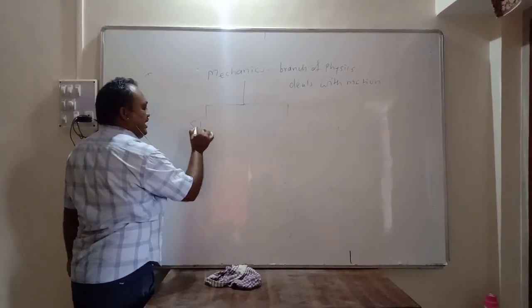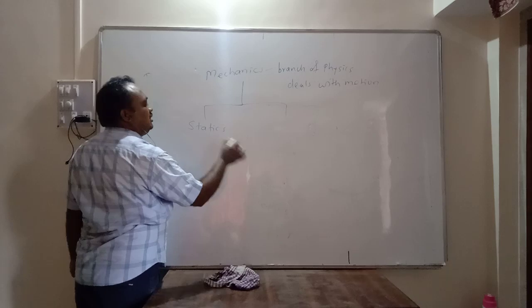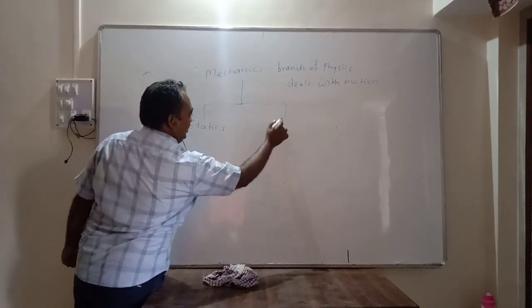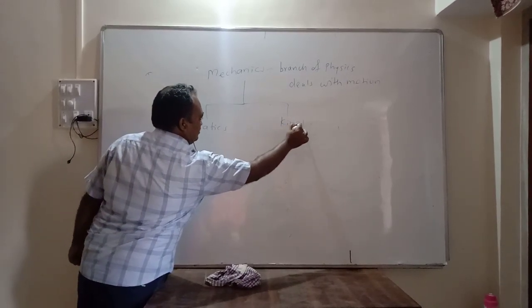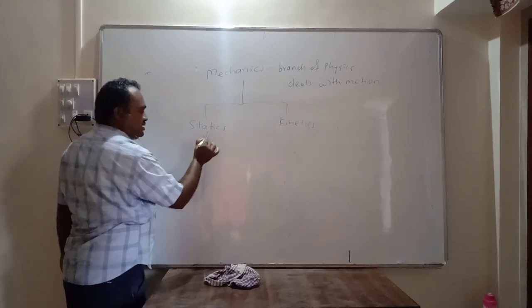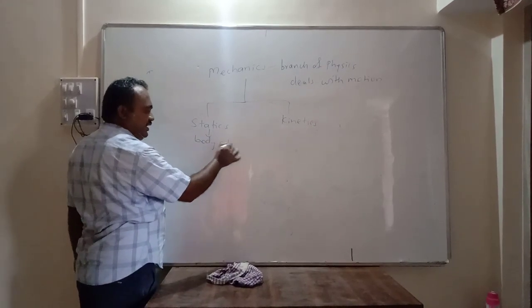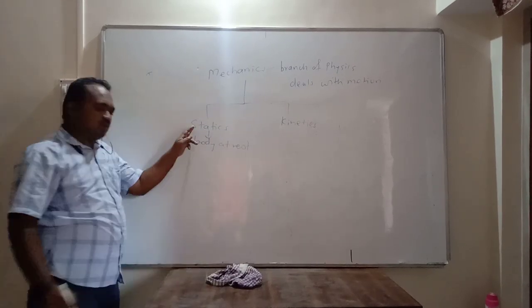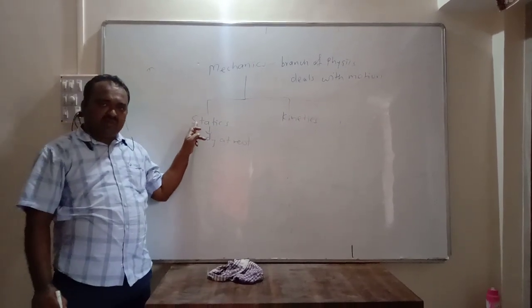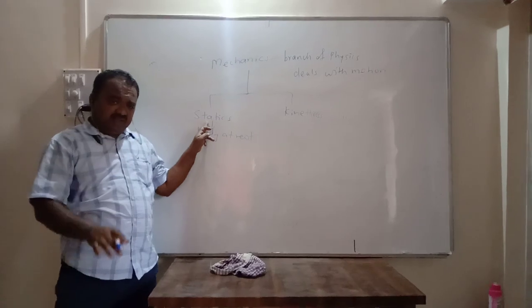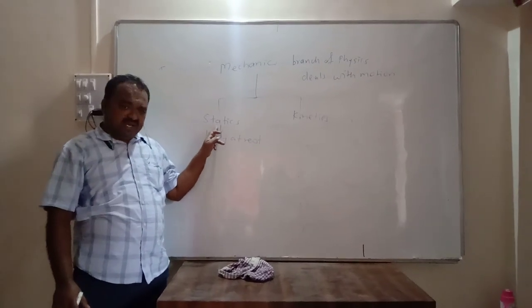One is the statics, second one is the kinetics. In statics we study the body at rest. Body at rest means in this case also number of forces are acting on the body but it is at rest. So this is called as the statics.